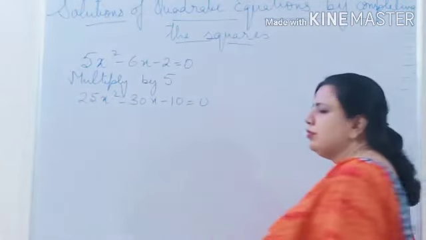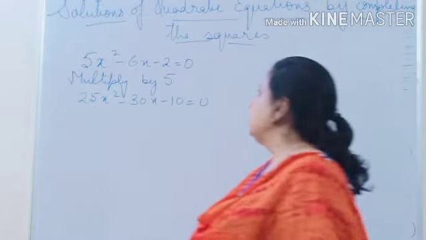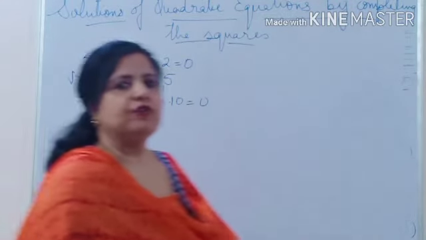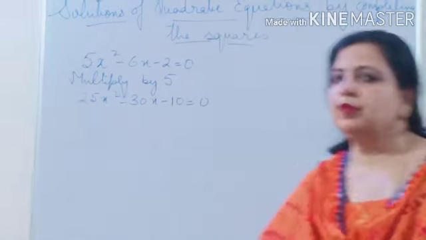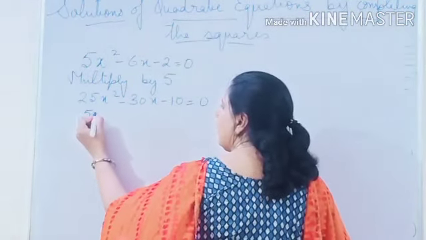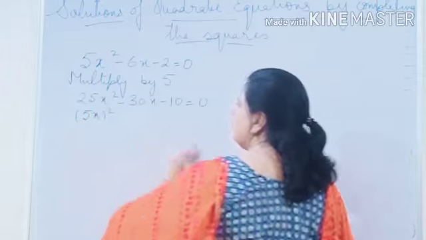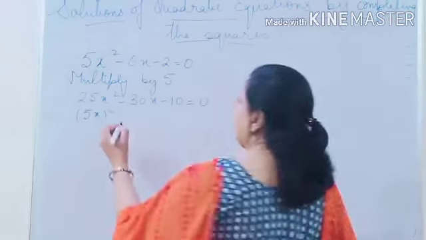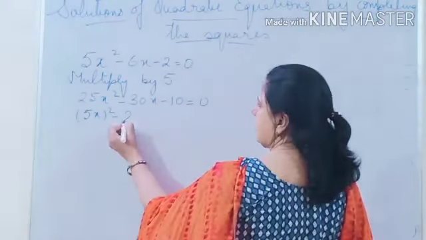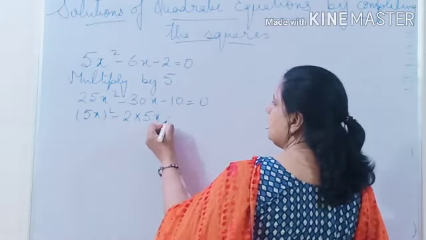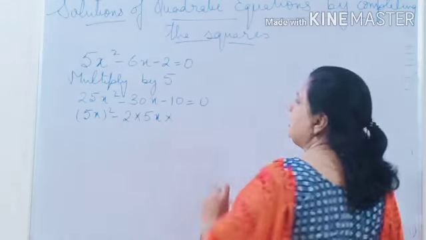And if the right hand side is multiplied by 5, it will be 0. Both the sides we have multiplied by 5. Now, 25x square can be written as 5x whole square, and this we can write as 2 into 5x into, now we need 30x here.